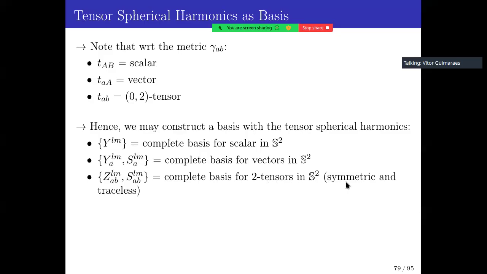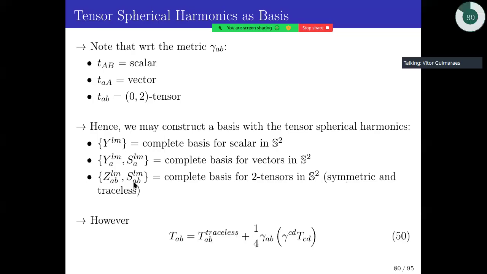At first, because these guys here are traceless and symmetric. But we can always decompose a 0-2 tensor, a two-tensor in general, like this: a traceless part plus 1/4 of this composition here, which is the trace of the full tensor, times the metric, right?